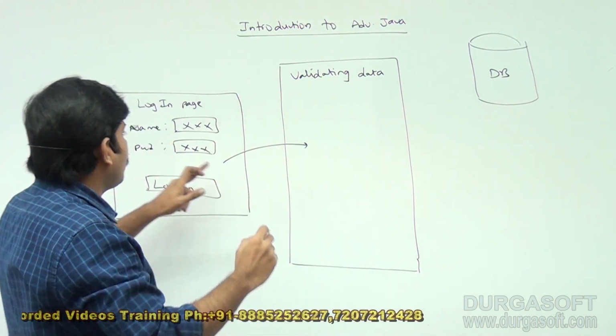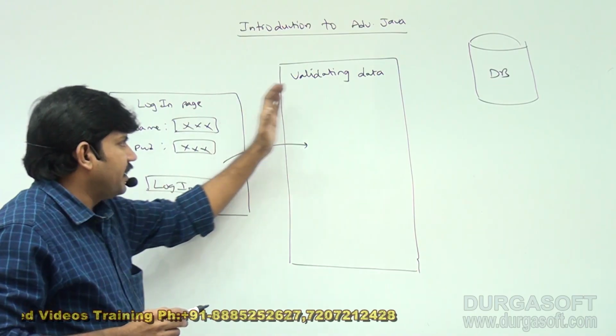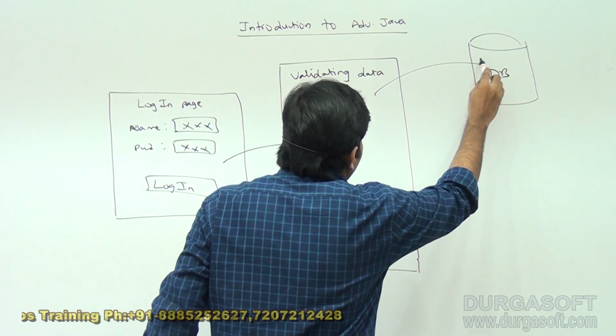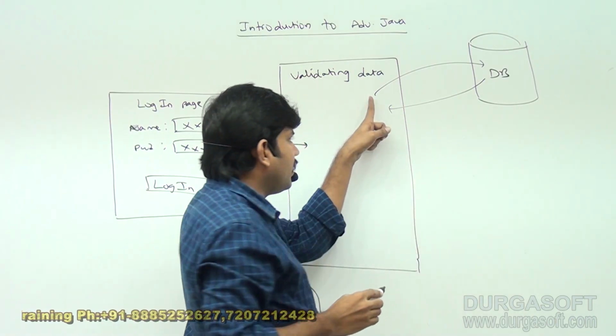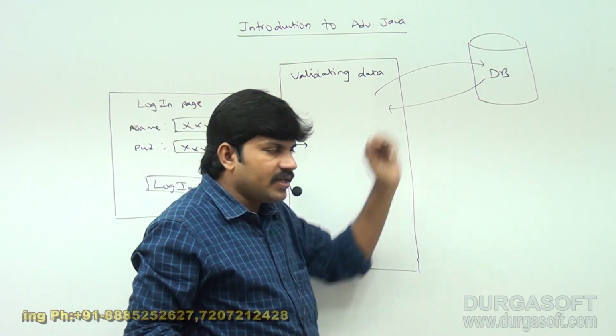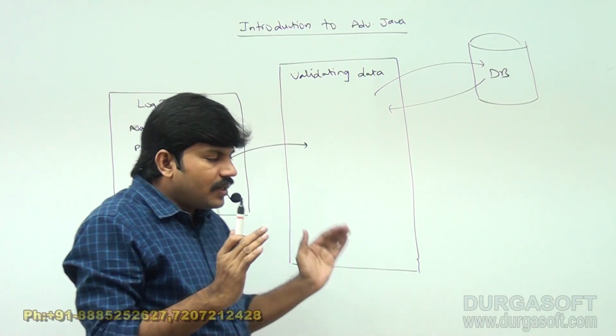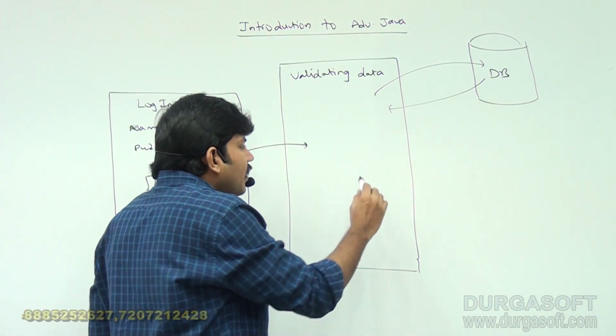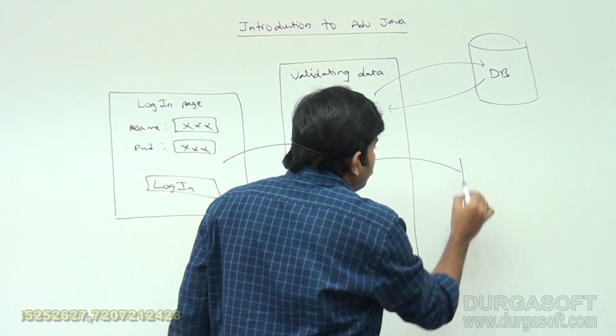First this component has to read this data, and communicate with the database to check whether this username and password are valid or not. If they are valid in the database, then display the inbox page.